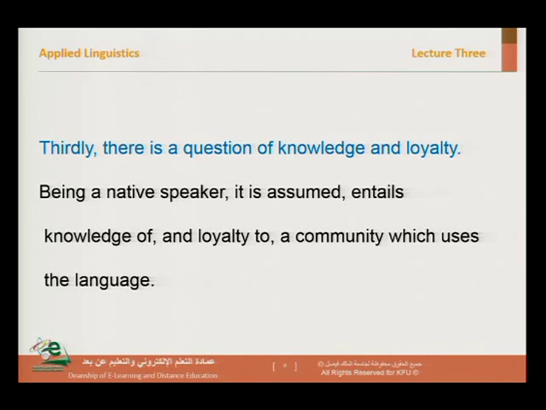We have to look at the personal history, we have to look at expertise, we have to look at knowledge and loyalty. These are three important factors we have got to consider when defining what it means to be a native speaker in your own community.